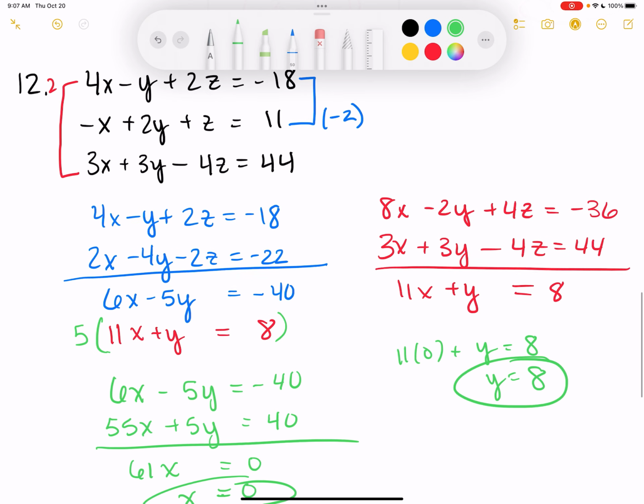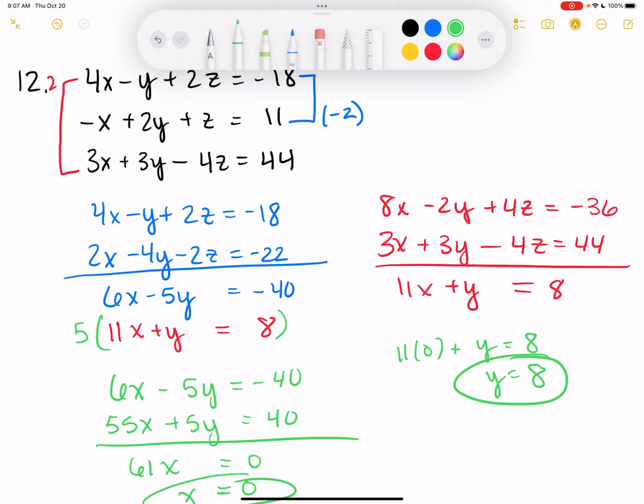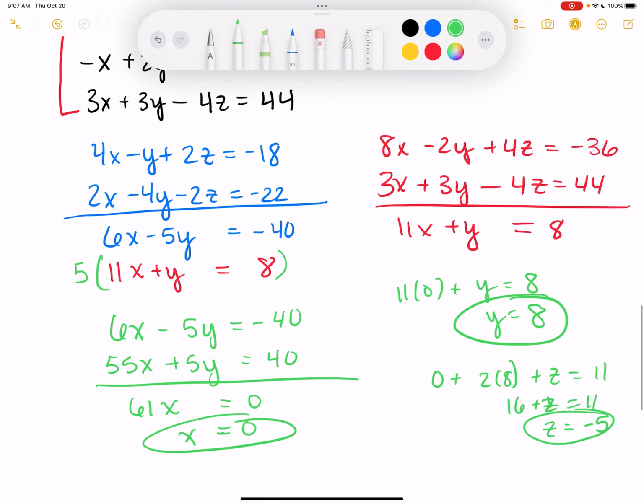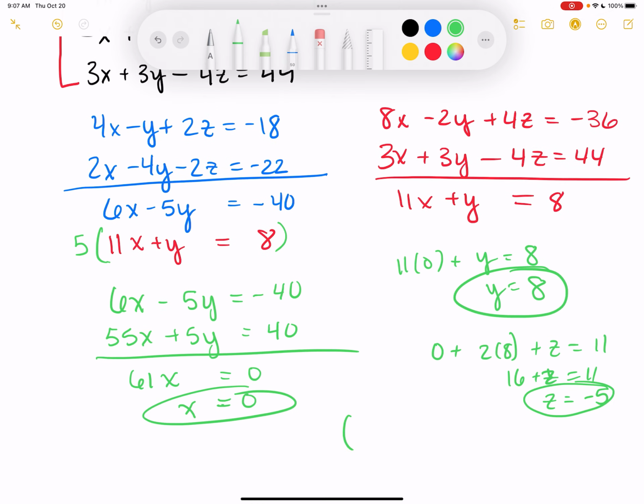So 0 plus 2 times 8 plus z equals 11. So 16 plus z equals 11. So z equals negative 5. So then the ordered triple is 0, 8, negative 5.